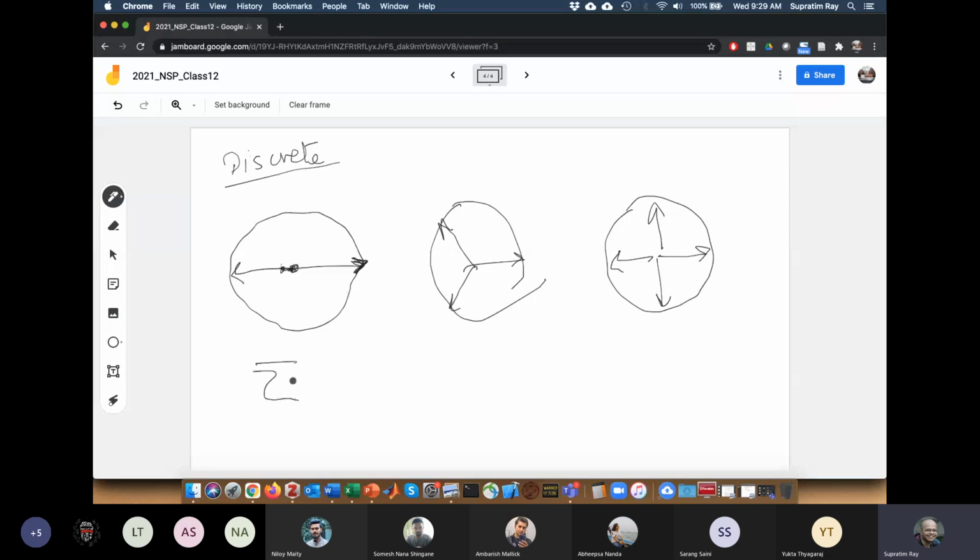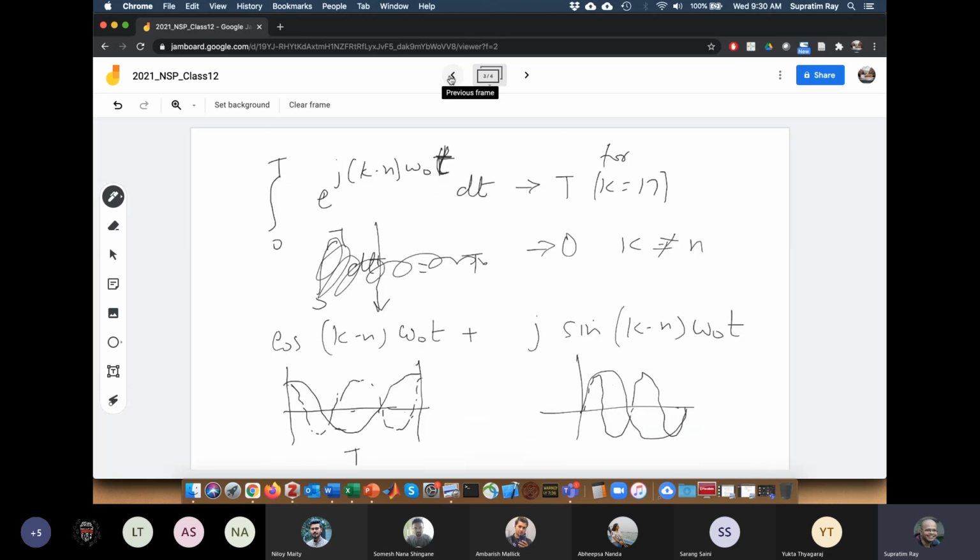So the sum of equispaced complex vectors, equispaced in this angle axis, is always going to be 0. And what we are seeing right now is just the continuous version of the same thing: the integral of complex exponentials is 0. Okay, so any questions on this? This is straightforward, right?